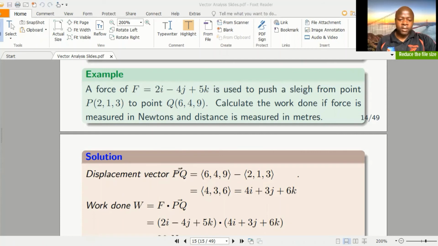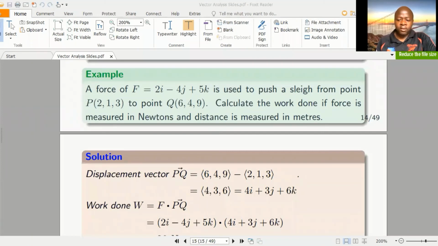The displacement vector from P to Q will be given by point Q minus point P. So 6 minus 2 gives us 4, and then 4 minus 1 gives us 3, 9 minus that gives us 6. Which we can write as 4i plus 3j plus 6k.